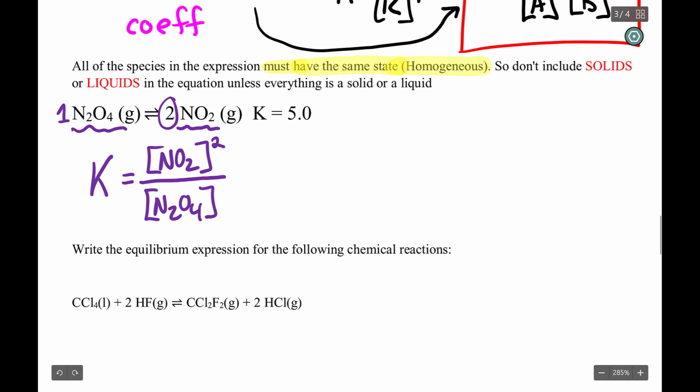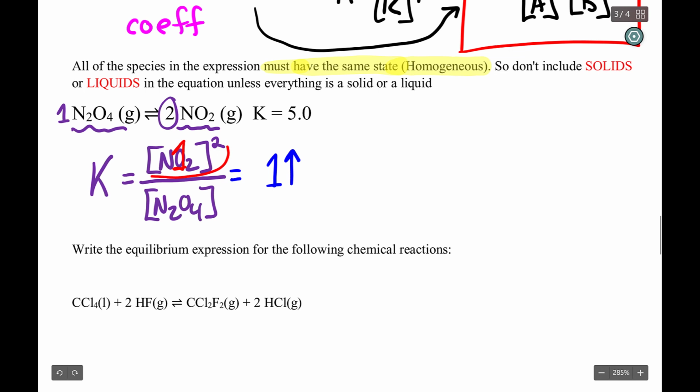So let's think about this. What does this expression mean? It is the concentration of the products divided by the concentration of the reactants raised to their coefficient. So if I get a number here and its value was greater than 1, then I would have to have more products, or a bigger numerator than I have denominator.